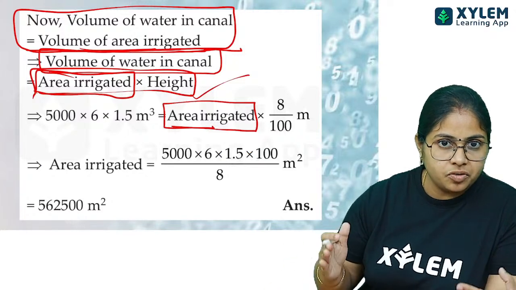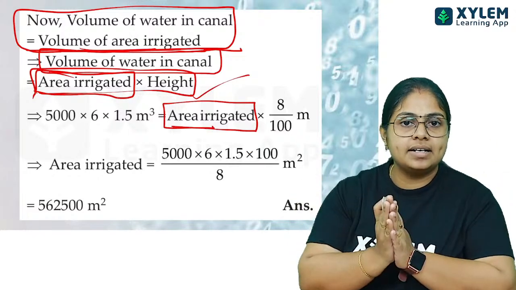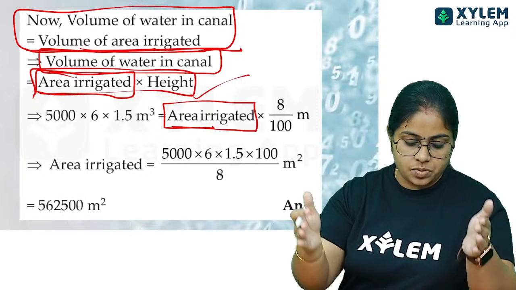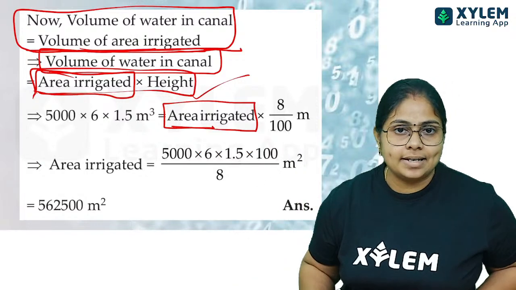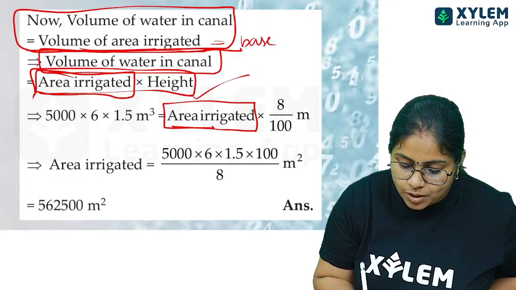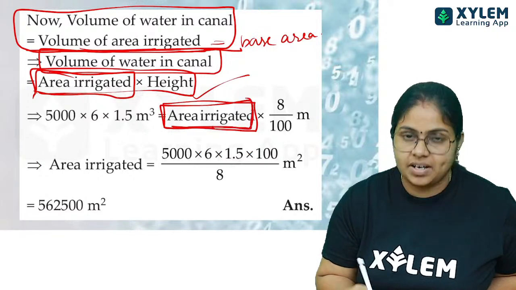So the volume of water in the canal equals the volume of the area irrigated, and the base area is what we have to find out.